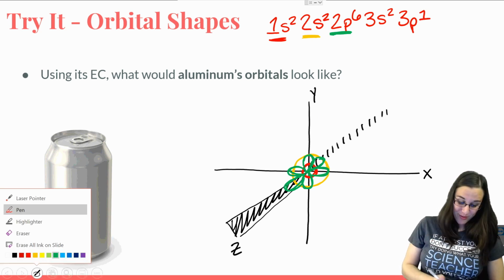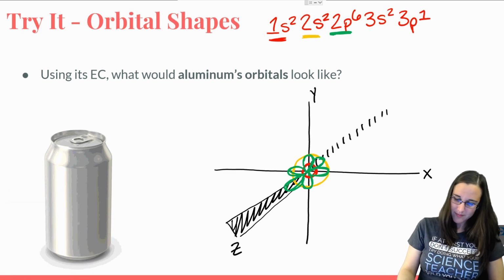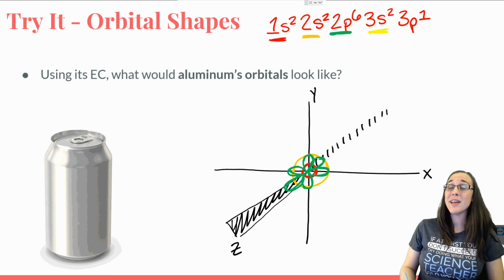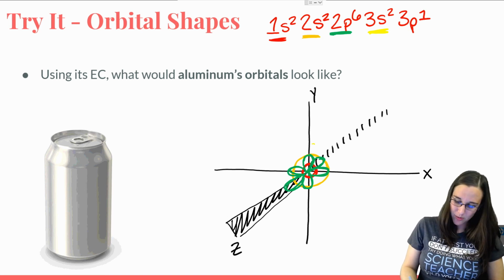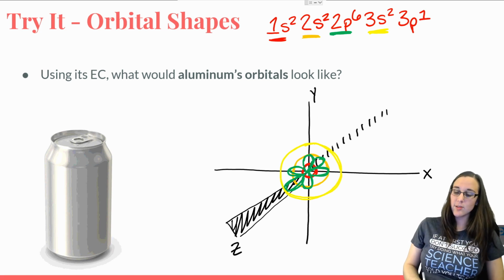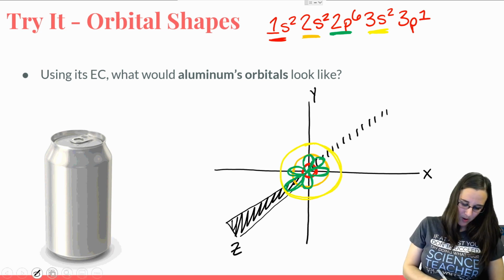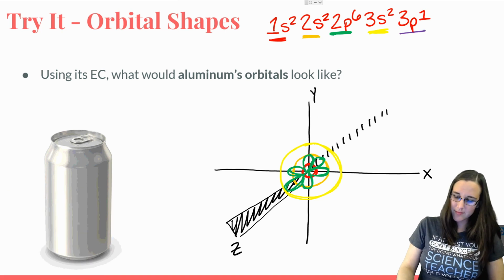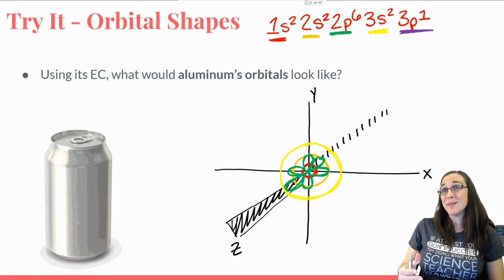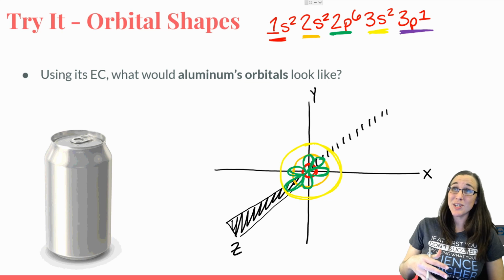Let's move on to 3s. 3s2. S is sphere, so larger than the last ones. So spherical. And 3p1. 3p is going to be the same size as the 3s sphere, but has the orientations of peanuts.